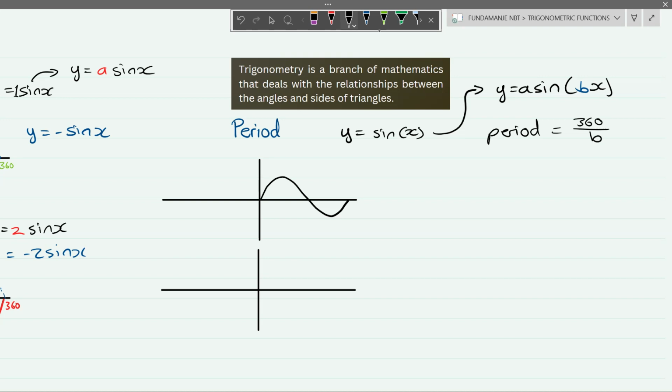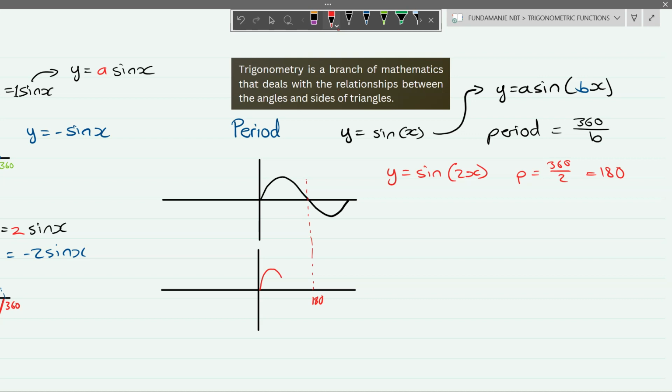So what if we were to draw y is equal to sine 2x? Well, the period for this function would be equal to 360 divided by 2, which means it will be 180. Therefore, we should complete our function in half the time that it usually takes, which means by 180 degrees, we should have one complete cycle of our function without changing anything else.